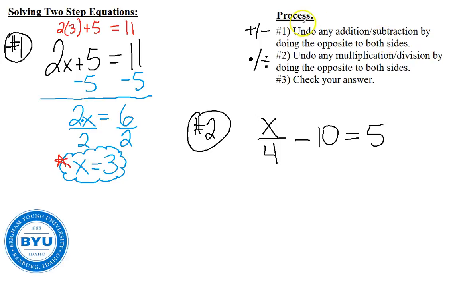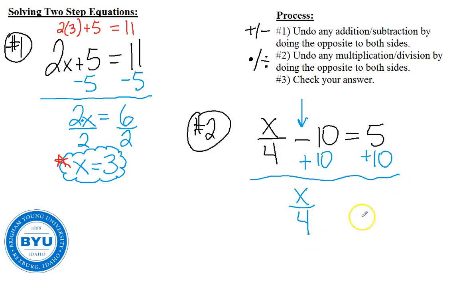Do we have any addition or subtraction? Oh yeah, it's right here. We've got this minus 10. So we got to do the opposite of minus 10, which is to plus 10 to both sides. When you add 10 and minus 10, those are just gone, leaving us with just x over 4 equals 5 plus 10. Well, that's 15. Okay, good. That's process number 1.